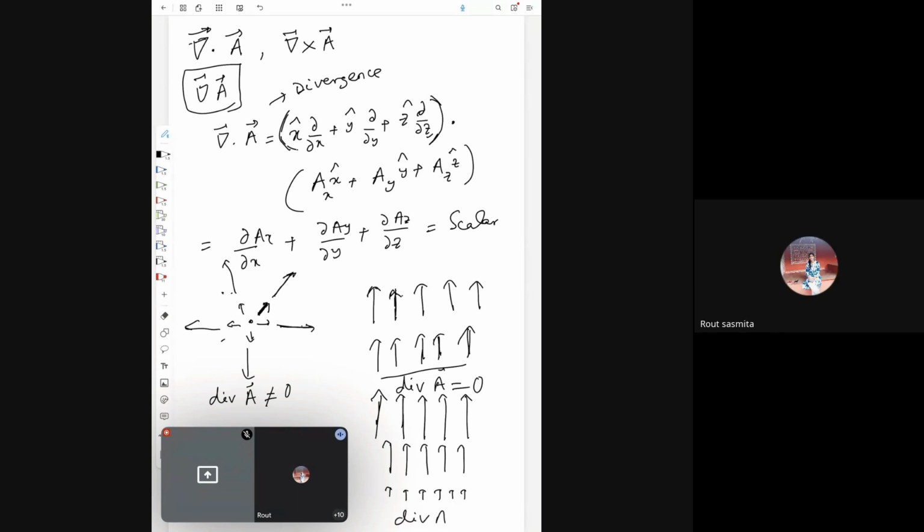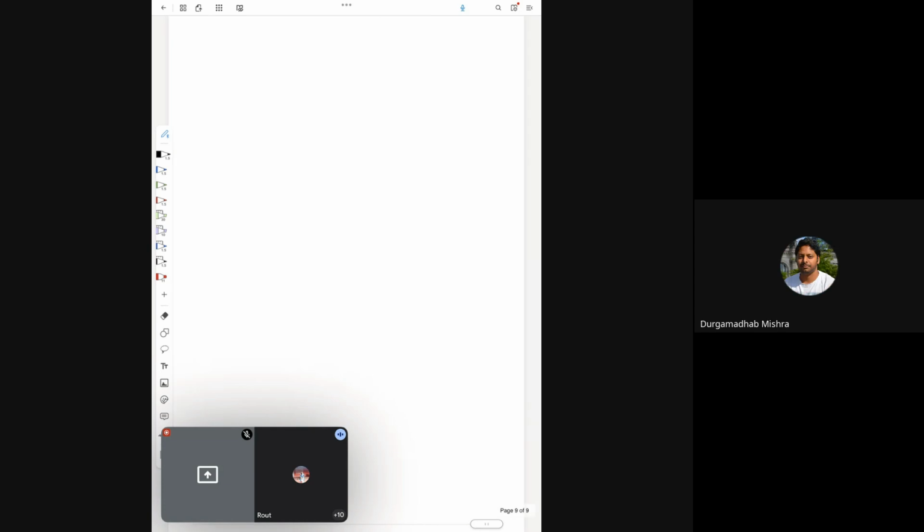You have to be pretty careful when you are calculating this divergence. One thing I should also tell you is that there is no such thing as a divergence of a scalar. You will never have a situation where you can calculate the divergence of a scalar. Divergence will always be of a vector.